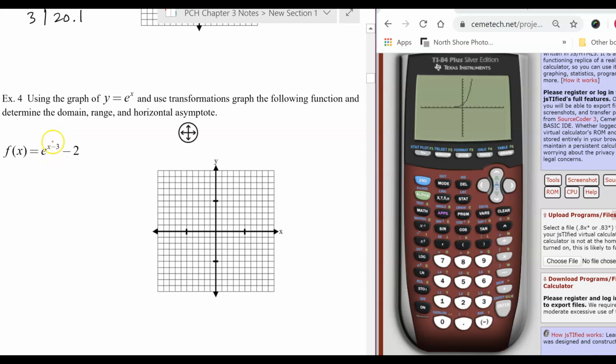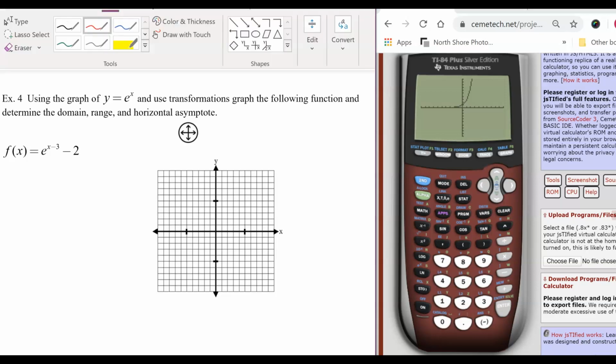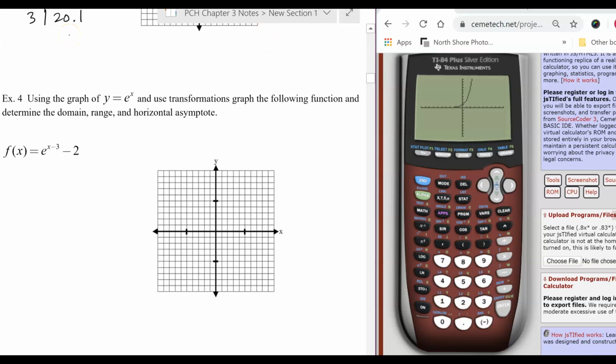So what this minus 3 is going to do, that's going to give us a horizontal shift, and then that's going to be right 3 units, and then the minus 2 is going to be a vertical shift down 2.